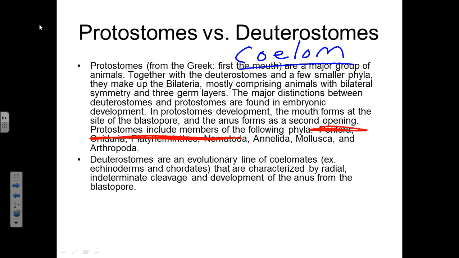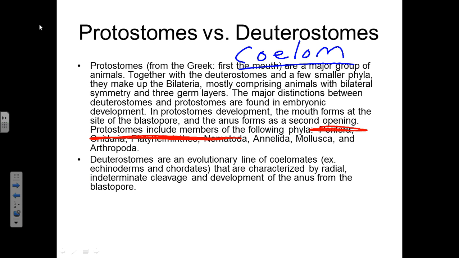What about echinoderms? What are they? What's an echinoderm? The word means spiny skin, literally. Echinoderms are things like starfish and sea urchins, sea cucumbers, that kind of group.